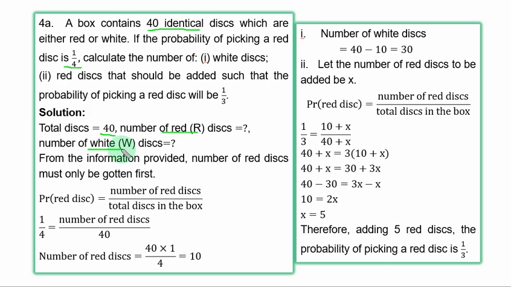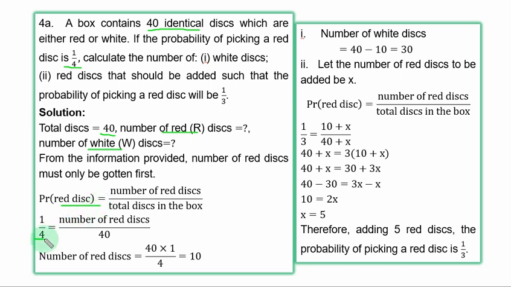Now, from the question, you are not asked to find the number of red discs, but in order to get the white discs with the given information, you must get the number of red discs, because the probability of a red disc is given. So probability of a red disc is equal to number of red discs over total discs in the box.